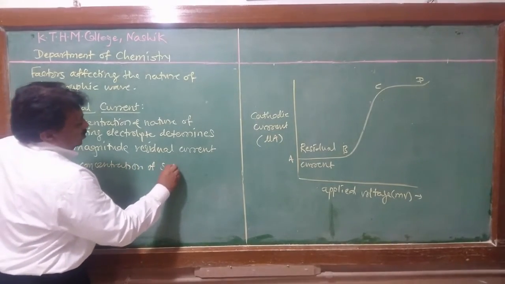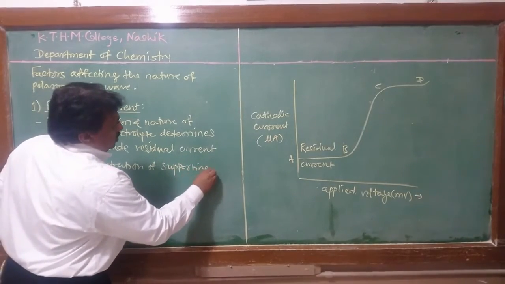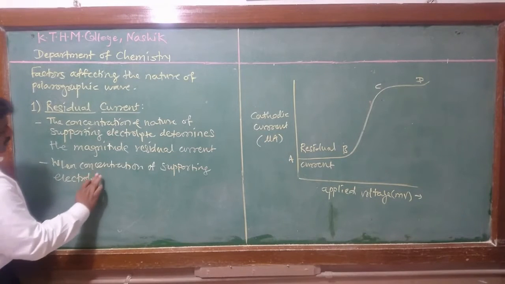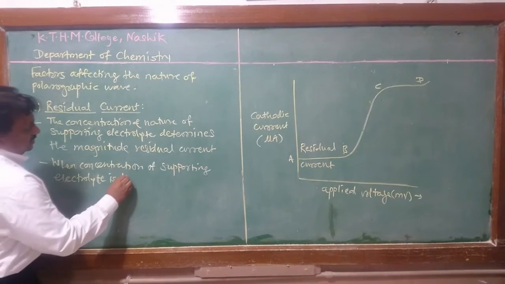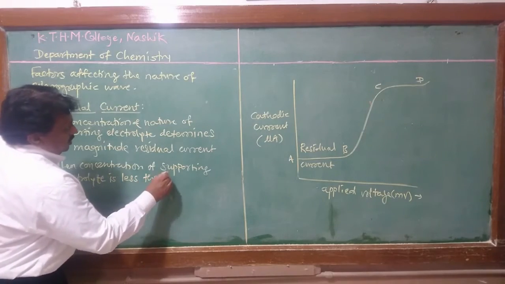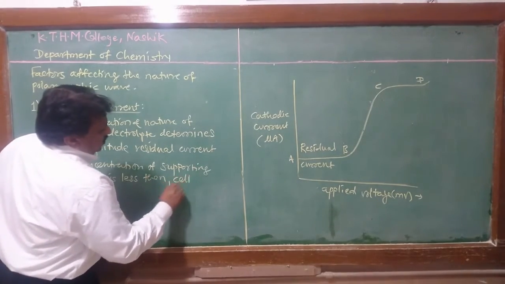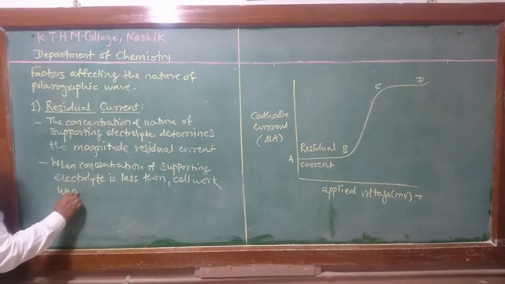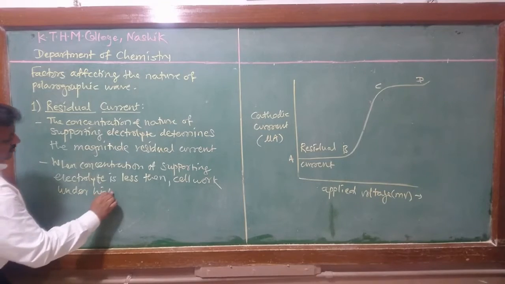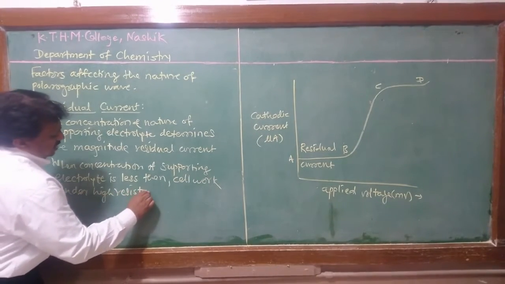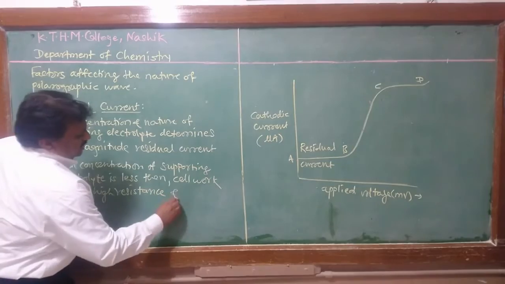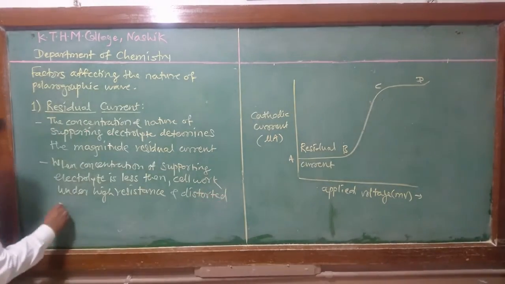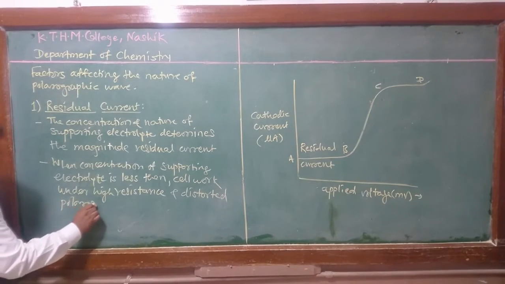Therefore, when the concentration of supporting electrolyte is less, the cell works under high resistance and a distorted polarogram is obtained.